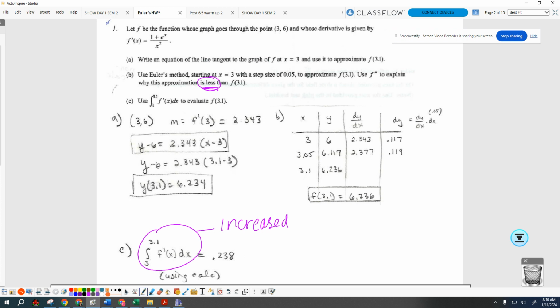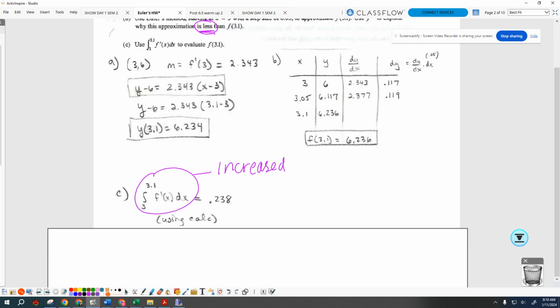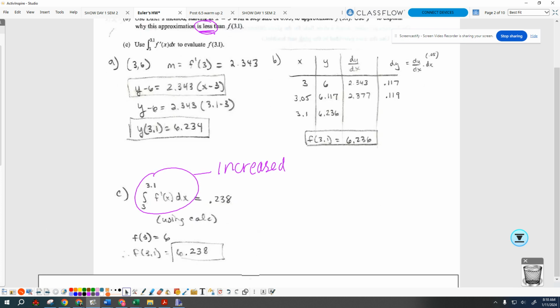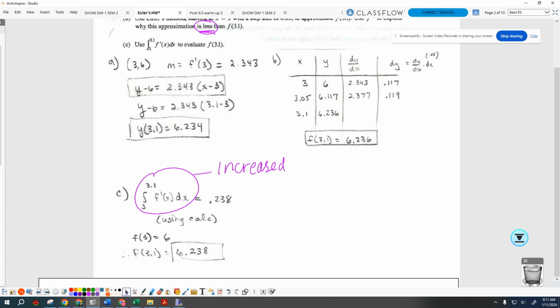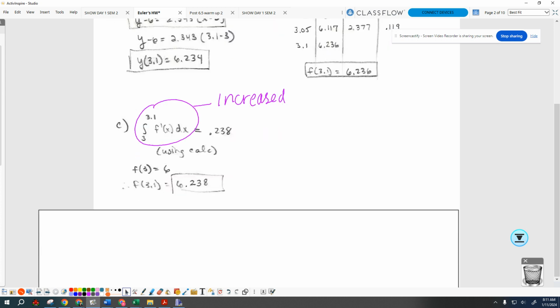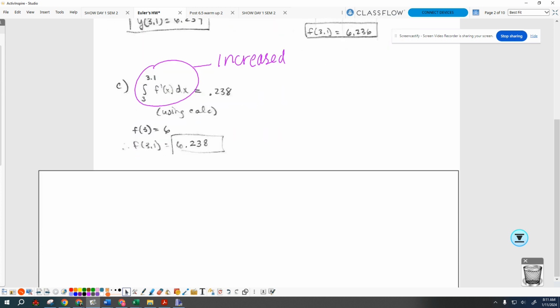So integrating 3 to 3.1 is how much did the y value increase or decrease in that amount of time? So exactly what Cecilia said, and I think what Amir was getting to as well, you need to add it to where you started. At 3, we were at position 6. We gained 0.238 more.